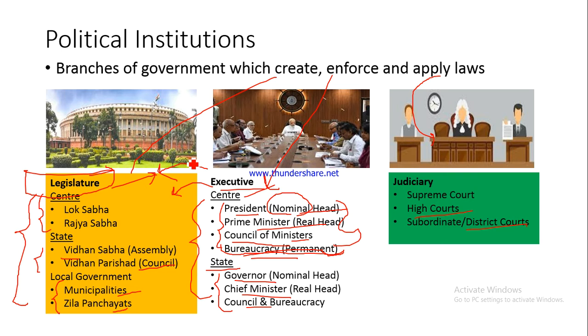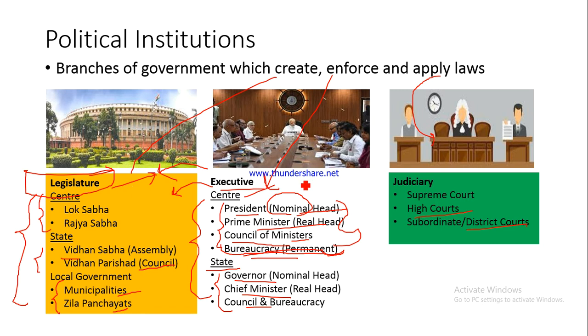Is this okay? And that is why the budget is presented in the parliament, so that the parliament, the legislature, can provide their assent to the various proposals of the budget, and then only can the provisions be implemented by the government. The government cannot implement the provision without the express approval of the legislature.